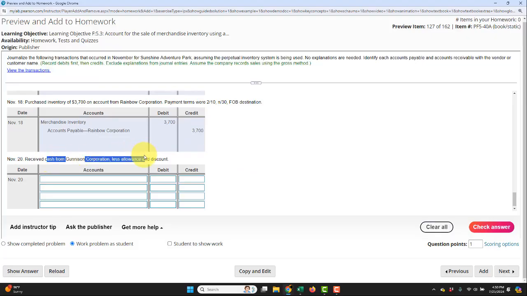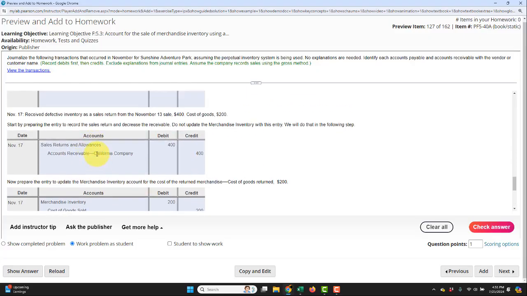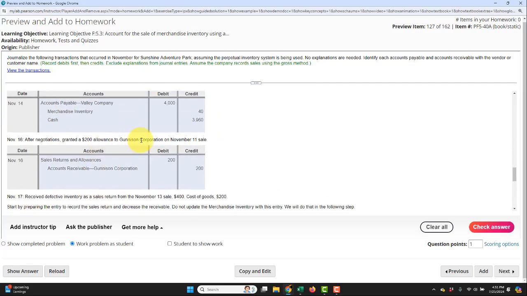Okay, so now this Gunnison Corporation is paying us off. We had several things related to them. We had the return, where we gave them an allowance of $200, and then no, the return was for California. So we just had this allowance for Gunnison.